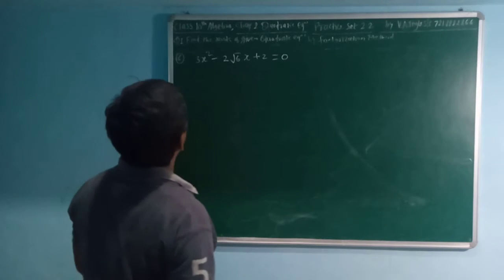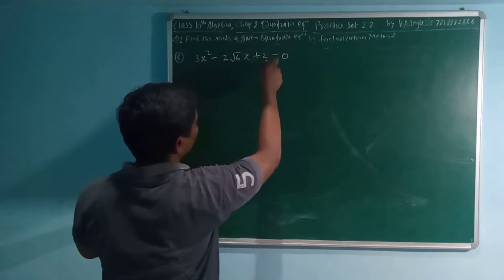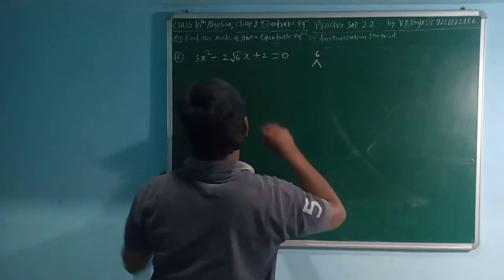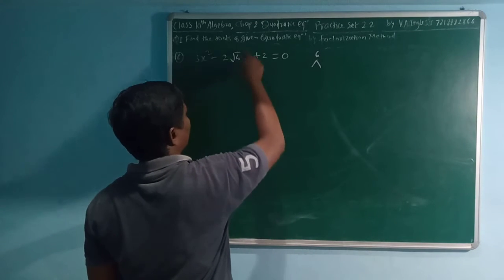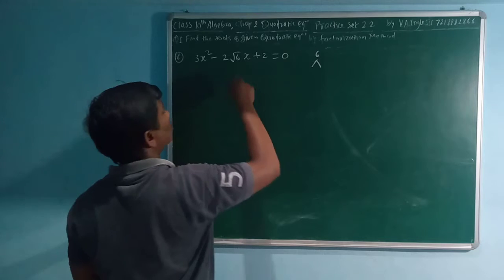Now again coefficient of x square into constant term, so 3 into 2 it will be 6, and you have to factorize 6, so that if you add or subtract the factors you should get minus 2 root 6.